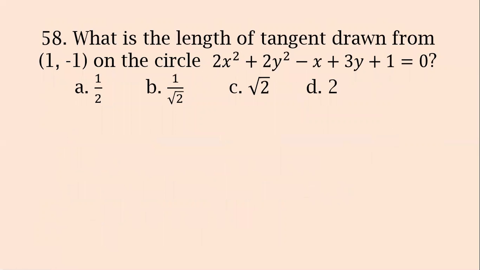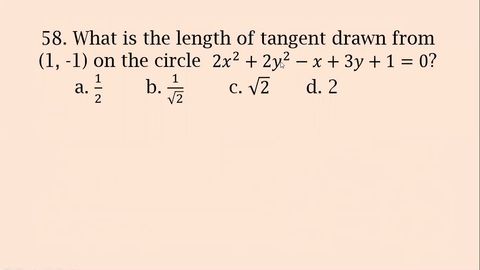Okay, next 58. What is the length of tangent drawn from (1, -1) on the circle? Similar question. There is only one technical point here; other than that, everything is the same. I hope you have understood the point. You see the coefficient of x square and y square is 2 here.